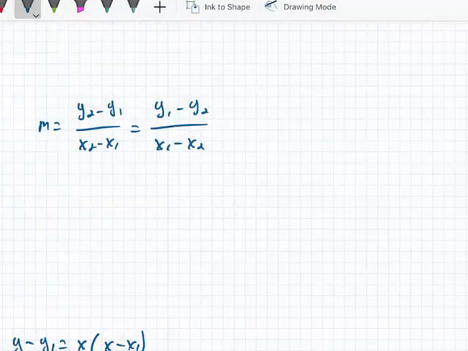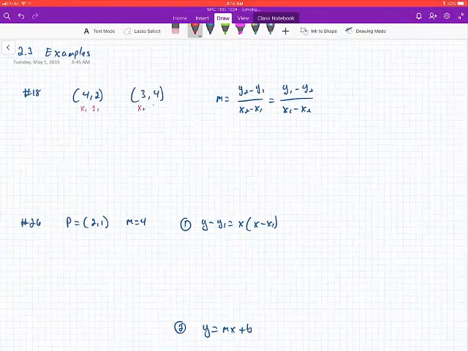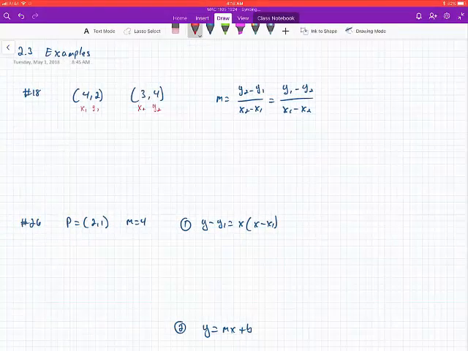Now, going algebraically, I'm going to go ahead and find the slope. The first thing I'm going to do is label the points x1, y1, x2, y2. Then I'm going to plug these in.